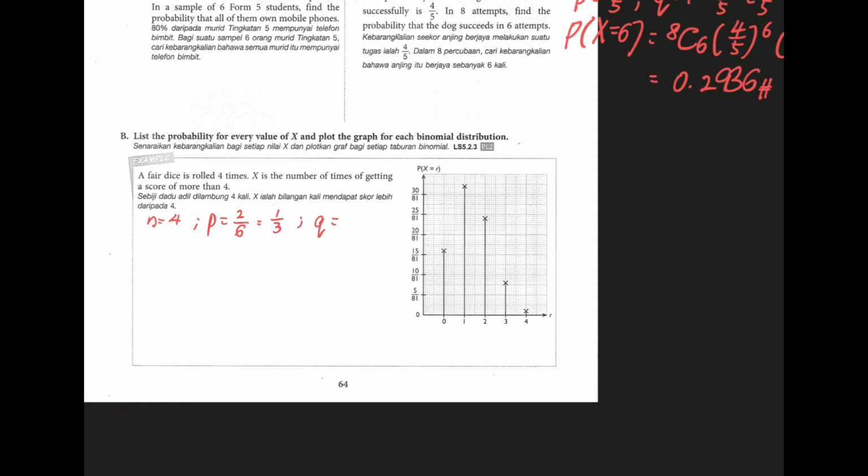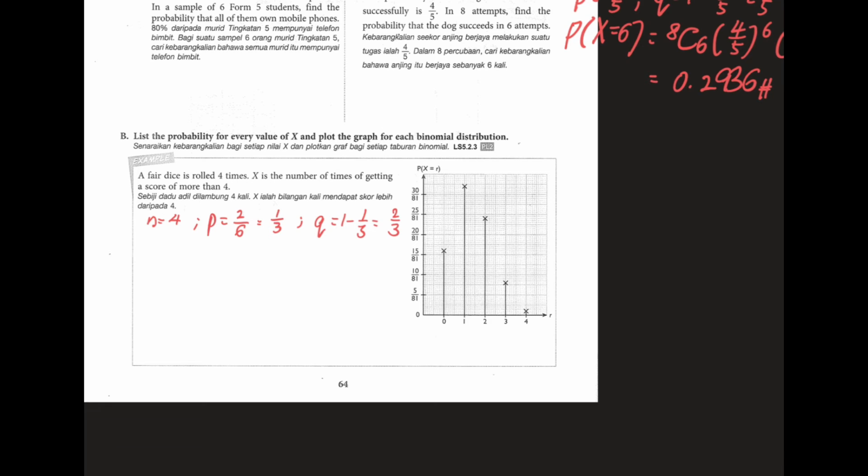Failure basically means the probability of getting a score less than or equal to 4. So the probability is 1 minus p, which is 2/3. Okay, so now we have n, we have p, we have q.